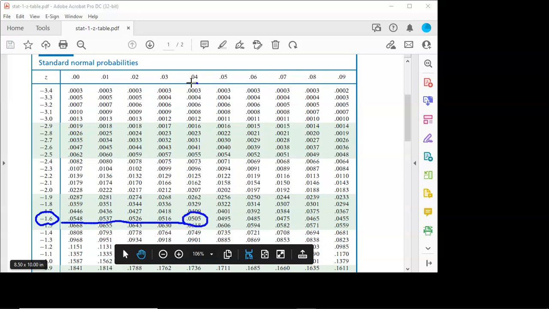And that is negative 1.64. This is the second decimal digit. So 0.0505, that's shading to the left. So that's the answer we are looking for. 0.0505, for negative 1.64. Make sense? Let's check.